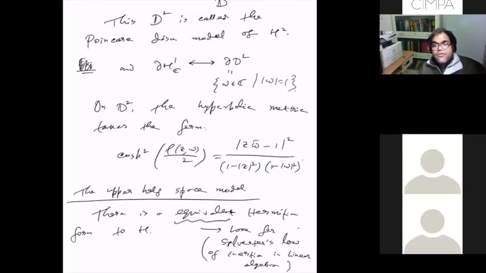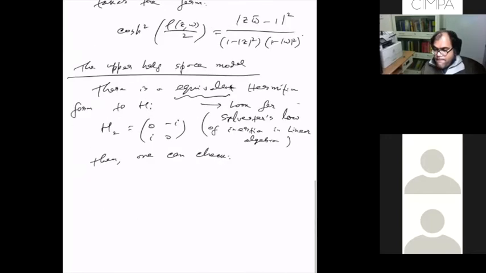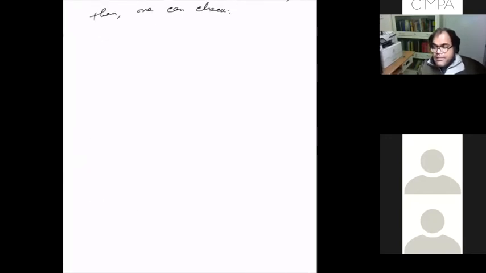Okay. So now here, we can take one more equivalent Hermitian form, which is H2, with rows 0, minus i and i, 0. Okay, so then one can check that H2 is C bar H C. Here we are over complex numbers, right? So you have to take the bar here, the conjugate transpose.